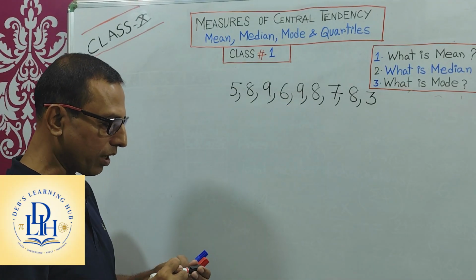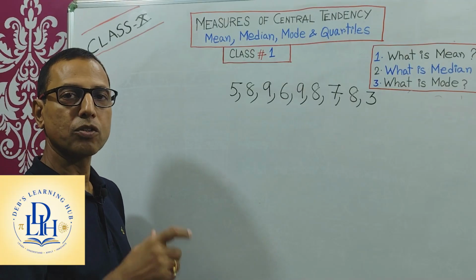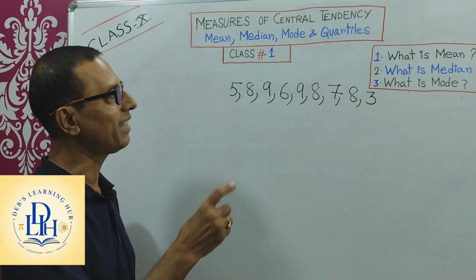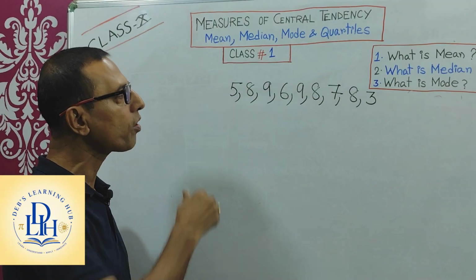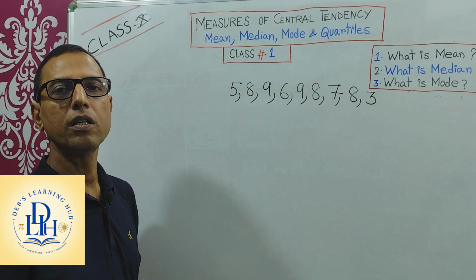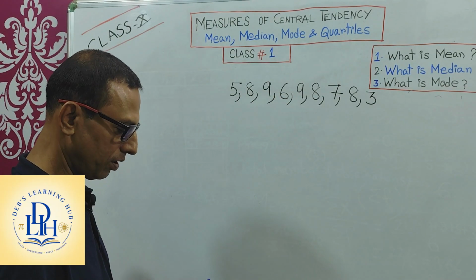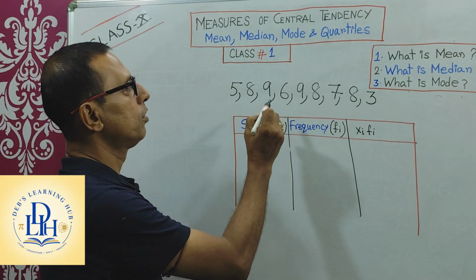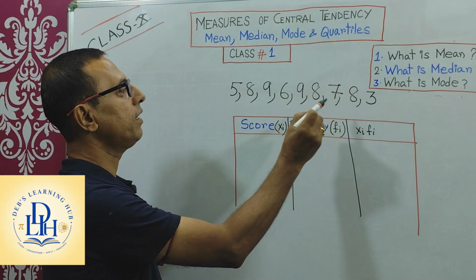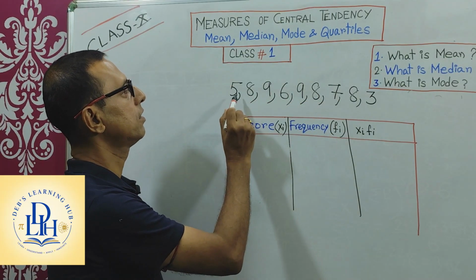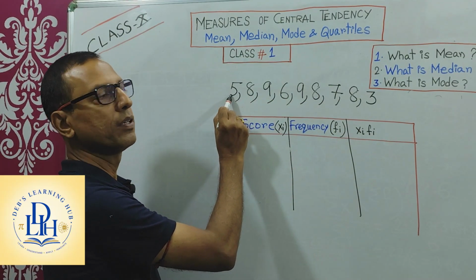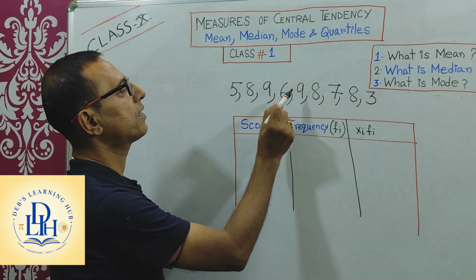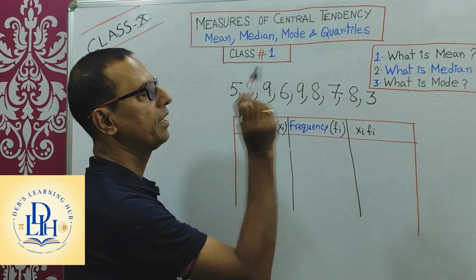I would like to solve this problem in both ways, either directly by looking into the problem or by depicting it in tabular form. Let me depict it in tabular form first, right? Okay. So out of 10, the obtained marks are like this: 5, 8, 9, 6, 9, 8, 7, 8, 3.